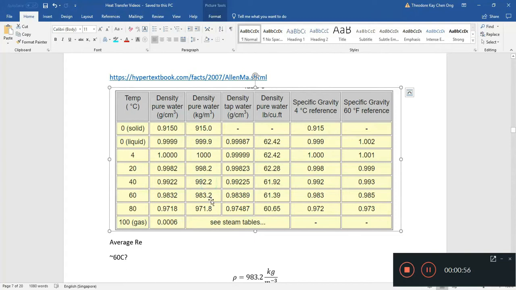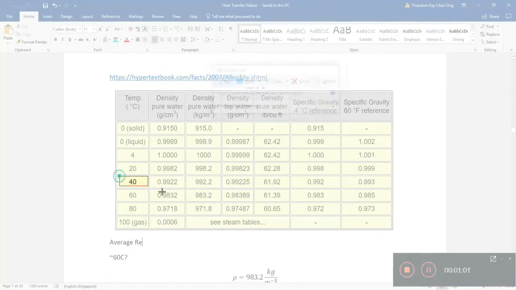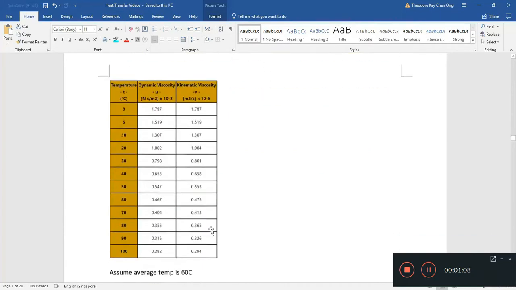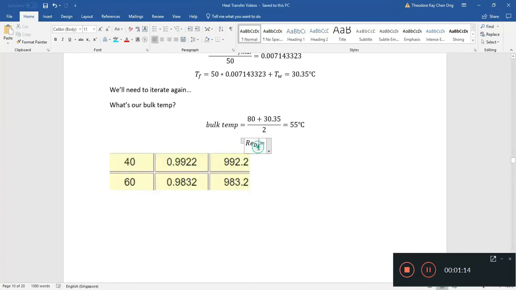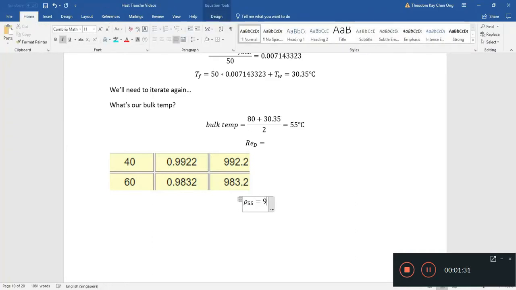At 40 degrees C we have a density of this much, and at 60 degrees C a density of this much. So we just do some linear interpolation. What's the density at 55 degrees C? We start from 40 degrees, plus the gradient.